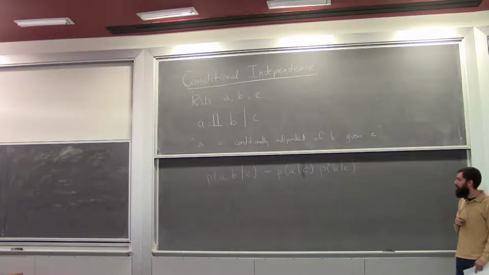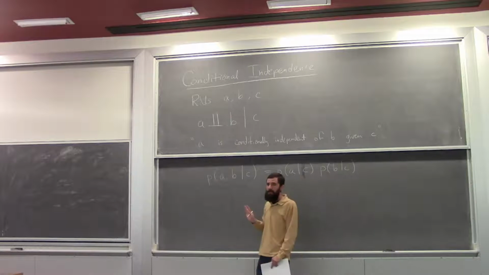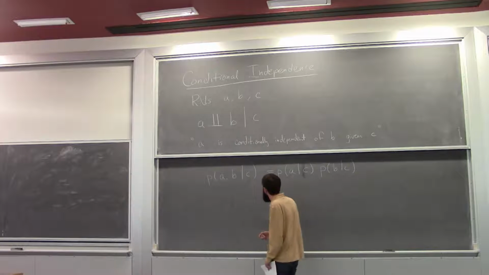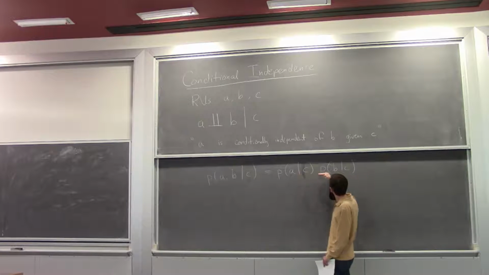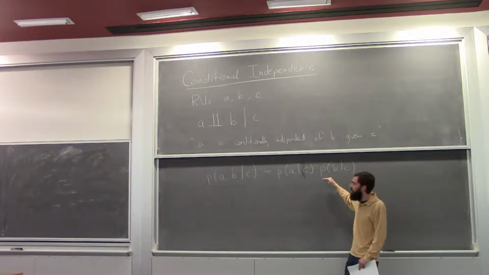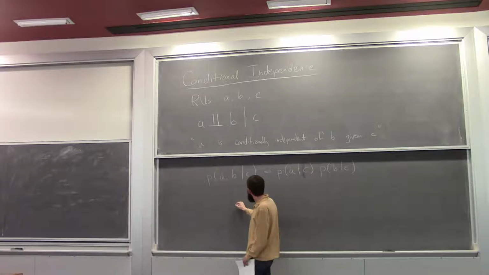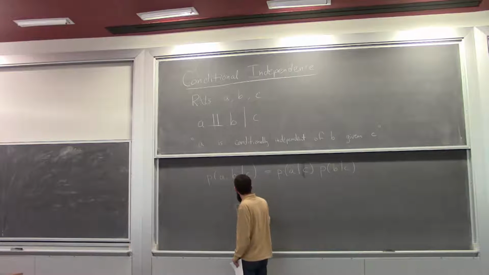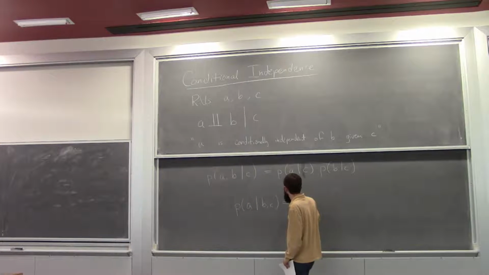Okay. And you can verify, it's fairly easy to verify, that if I take this P of B given C and divide it over on this side, that is equivalent to saying, wait, sorry, let me be careful.